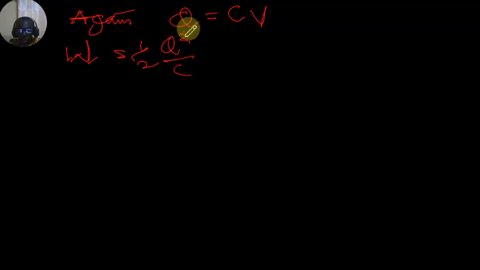So we've substituted the value in for q, so we need to substitute a value in for c also. So how do I do that? Make c the subject of formula here. So that means c now becomes q over v.